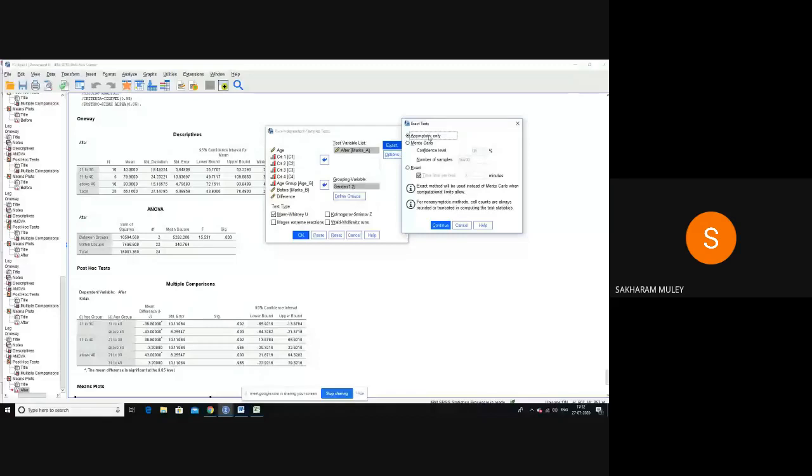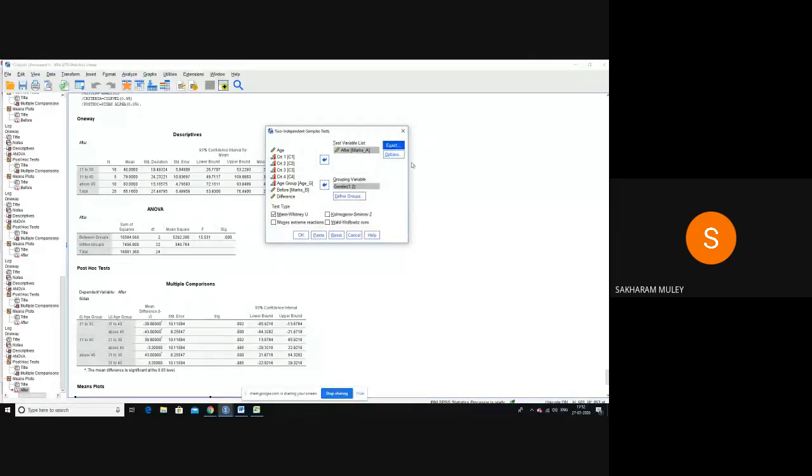If you are dealing with social science data, and your data set is not life-threatening, unlike the data of clinical trials, which is life-threatening, there we are quite precise. Here we can go for asymptotic only. So we'll go for the asymptotic one.